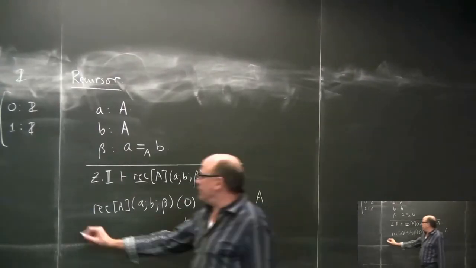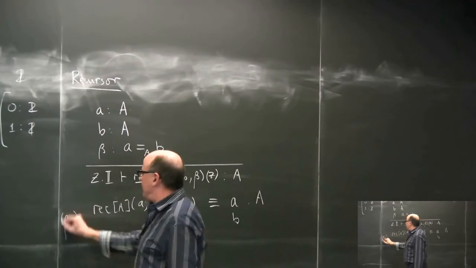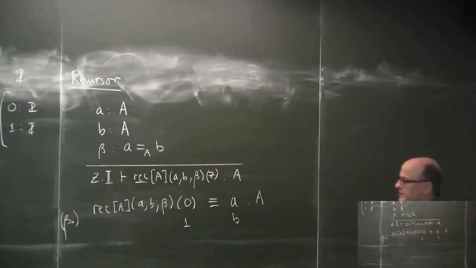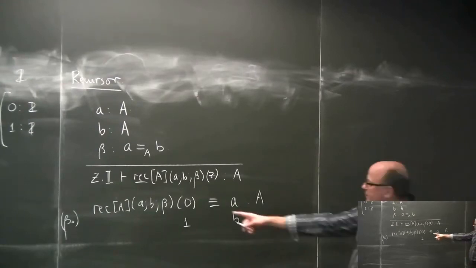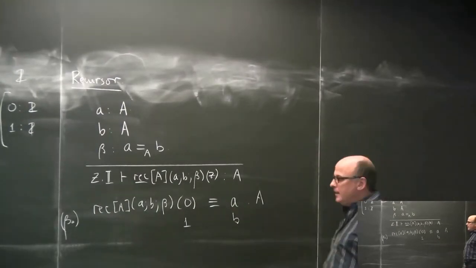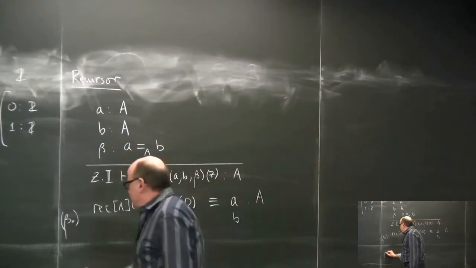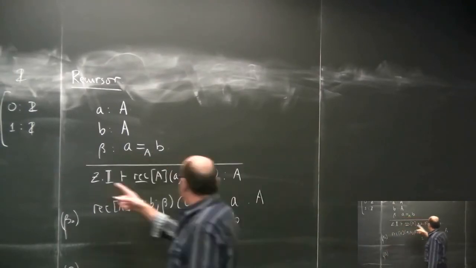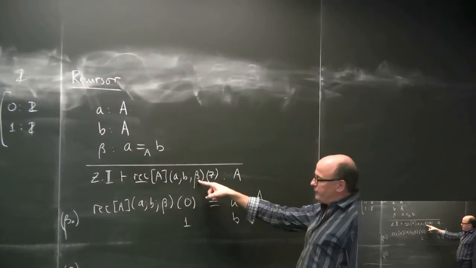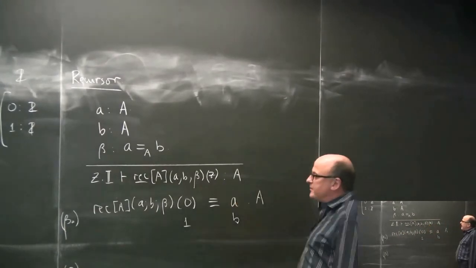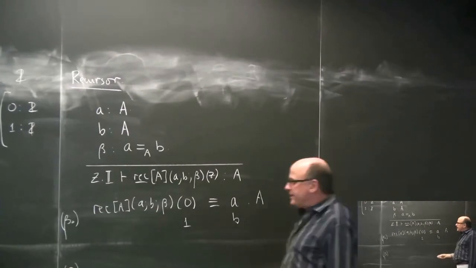And so that's what I'll call the beta 0 axioms, these kind of axioms for the 0 cells, which tend to come out definitionally. And then the beta 1, because you see, one of the arguments for the recursor is a path. So there should be a way to extract that path.